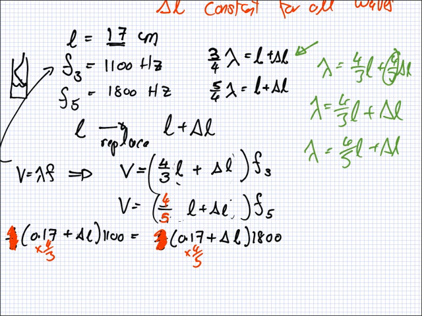Oh, hold on there. So 4/3 times 0.17 plus 1100x, and all that equals.